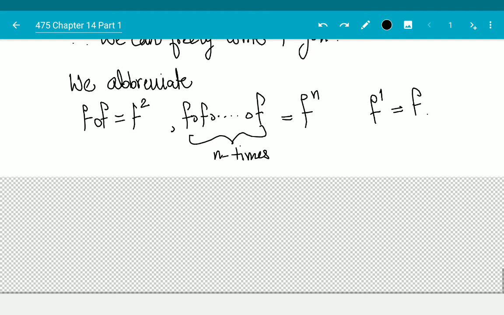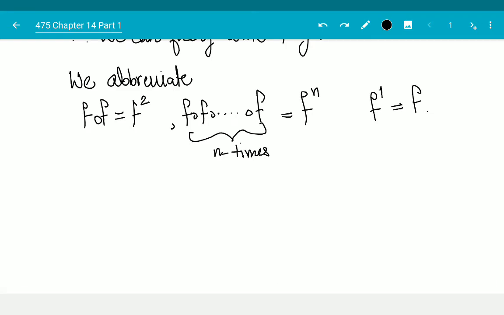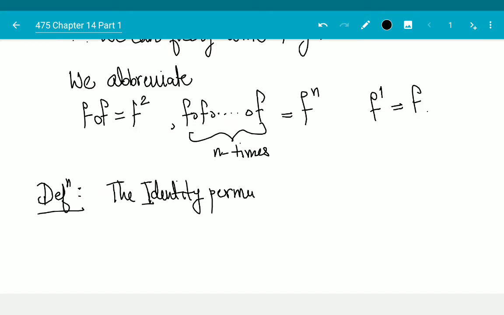a nice new permutation called the identity permutation. Definition: the identity permutation I from X to X satisfies, well, it is the identity.